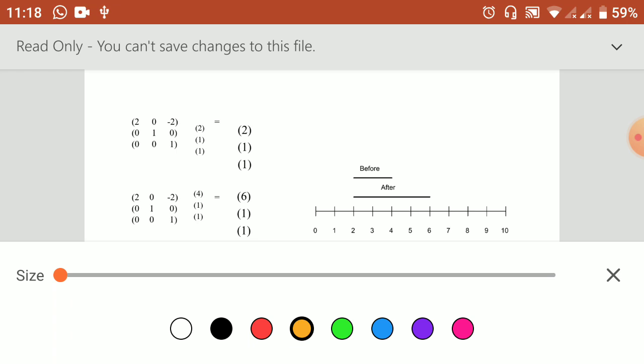So here also, first we have to shift it to the origin, scale it from there, then shift it back to its original position.